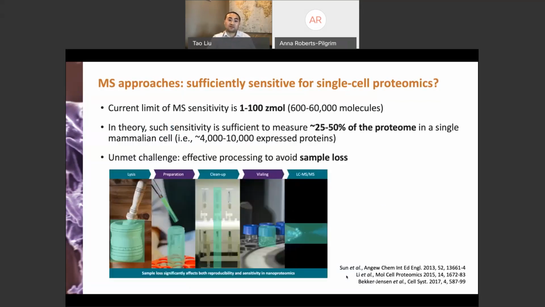But a lot of sample processing and manipulation is needed along the way in a typical proteomic analysis, because we need to extract the proteins from any specimen, and in a lot of cases convert them into peptides for effective analysis. And then there's a lot of contact in the process, which could lead to a huge amount of sample loss.